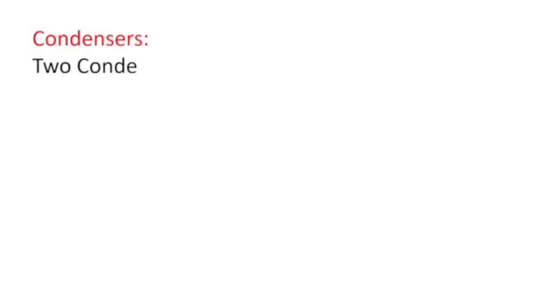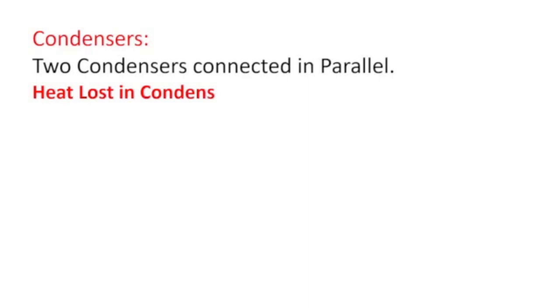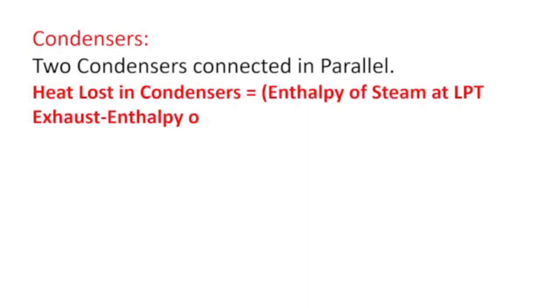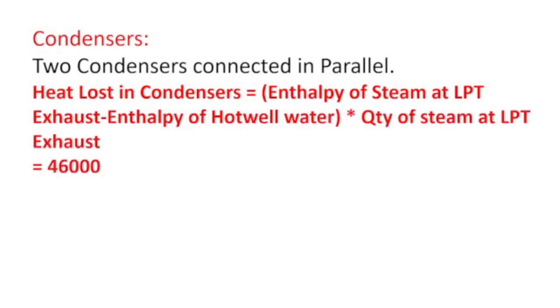Some more condenser details. Two condensers are connected in parallel. The heat lost in the condensers is equal to the enthalpy of steam at the LPT exhaust minus the enthalpy of hot well water, multiplied by the quantity of steam at the LPT.